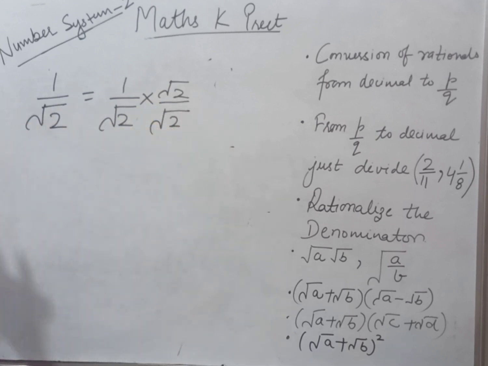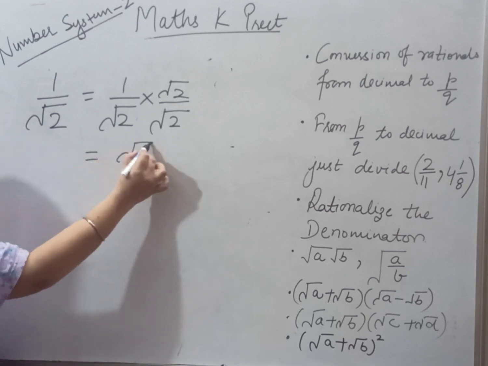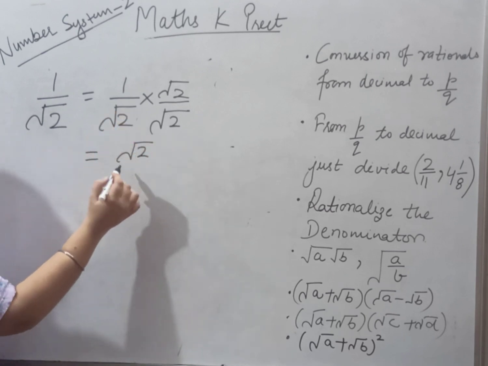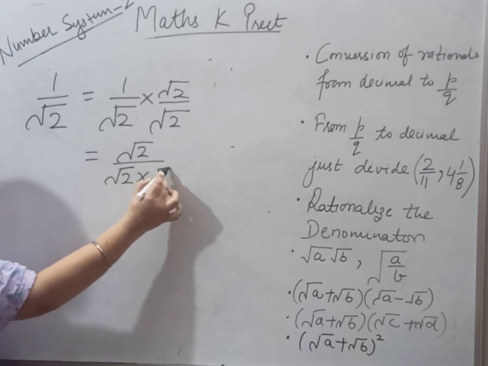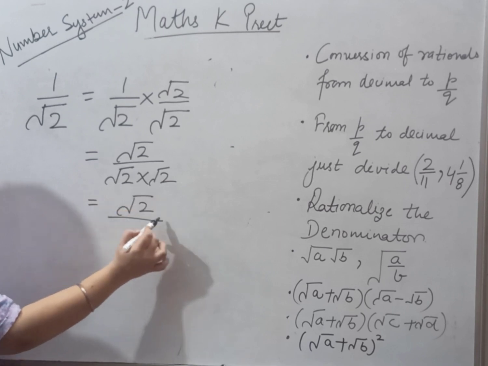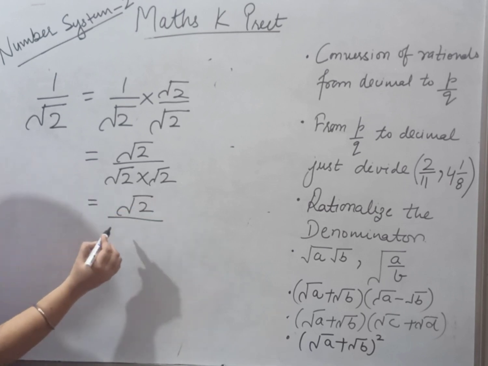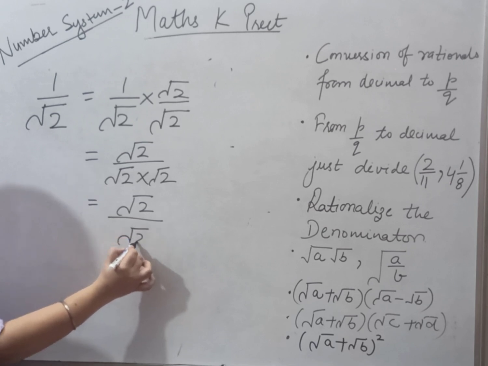We know that multiplication of the roots of the same number will cancel out the root. So here 1 into root 2 is root 2. This means root 2 multiplied with root 2, which I have just explained while explaining identities. This can be written as root 2 square.